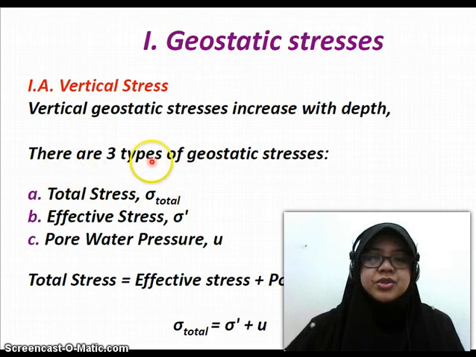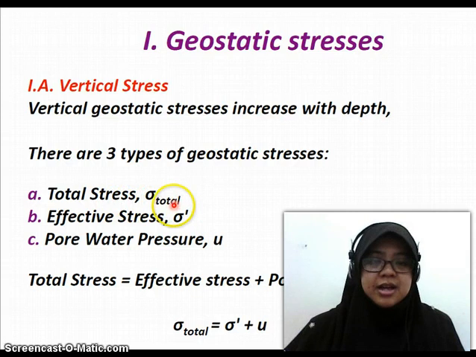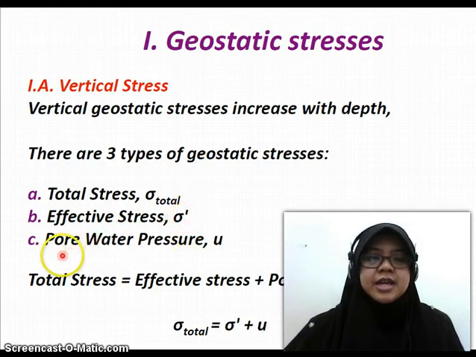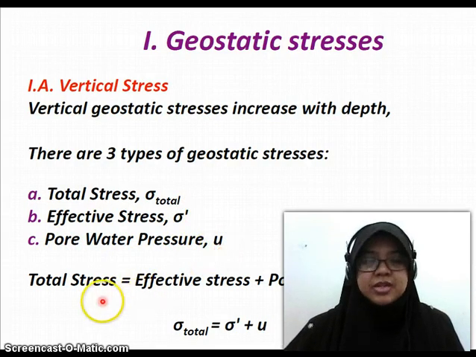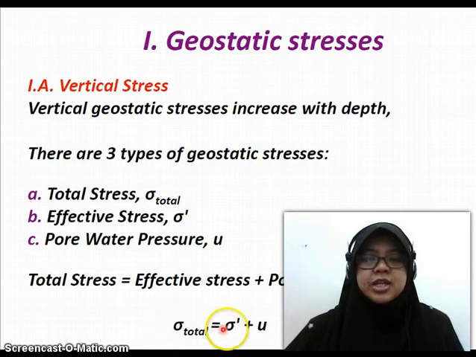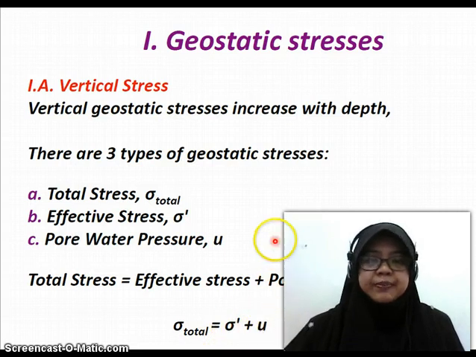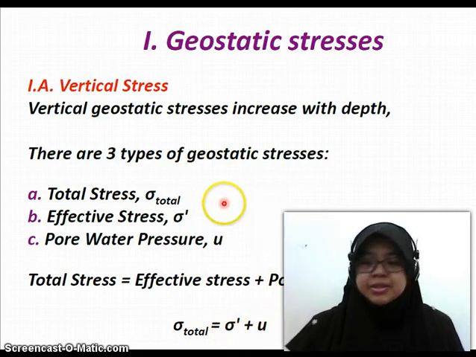There are three types of geostatic stress: the total stress, sigma, the effective stress, sigma prime, and for water pressure, U. Total stress is effective stress plus water pressure. We can also write it as the symbol sigma total equals sigma prime plus U.